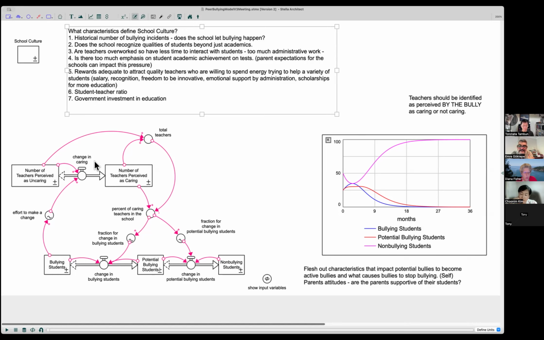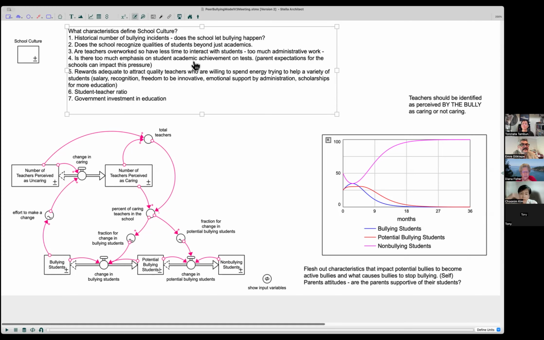You can want them to change, but if the student-teacher ratio is too high, they're going to be tired, they don't have the energy to change. If they don't feel rewarded, somehow appreciated, they're not going to want to change.